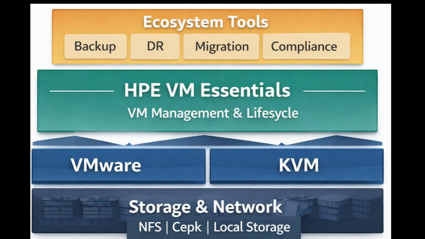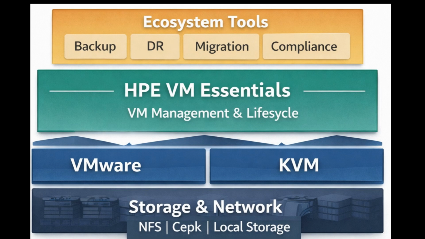One important clarification here is how this unification works, depending on the virtualization platform. For virtual machines running on the HPE virtualization platform, which is built on KVM technologies, VM Essentials is the authoritative control plane. It creates the VM, assigns its identity, tracks its lifecycle, and manages it directly through the HPE-supported virtualization stack.